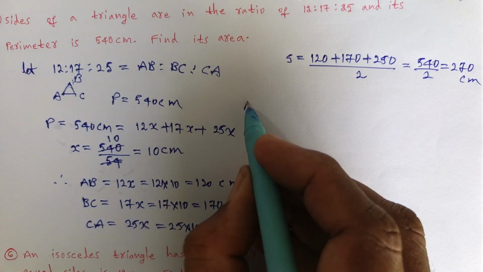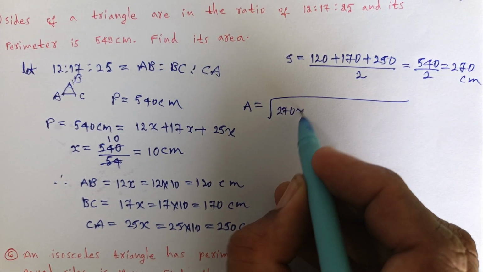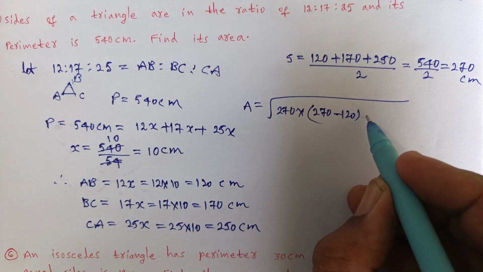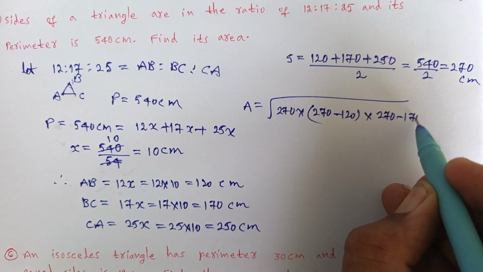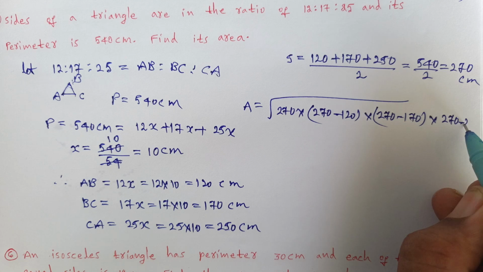Now directly we will calculate area as under root of 270 into 270 minus 120 into 270 minus 170 into 270 minus 250.